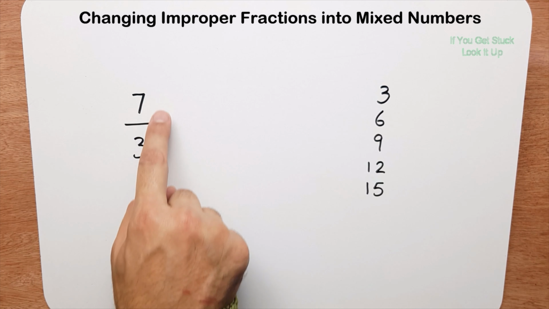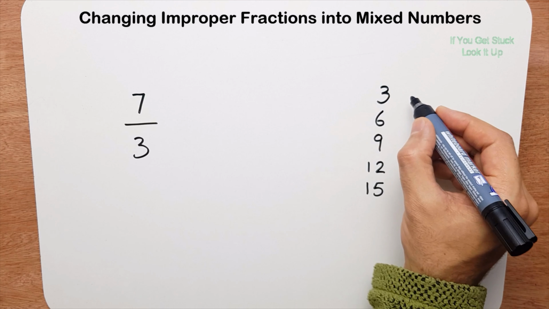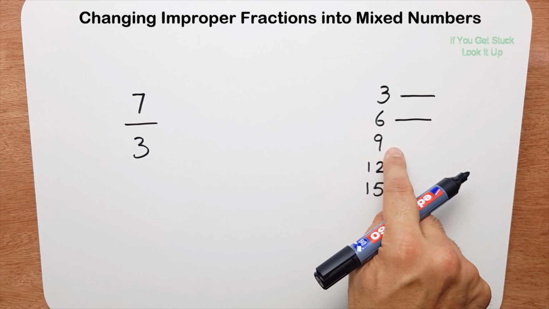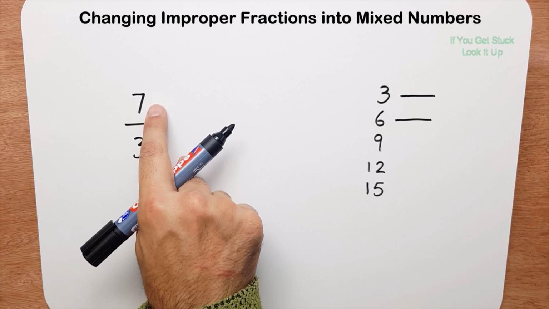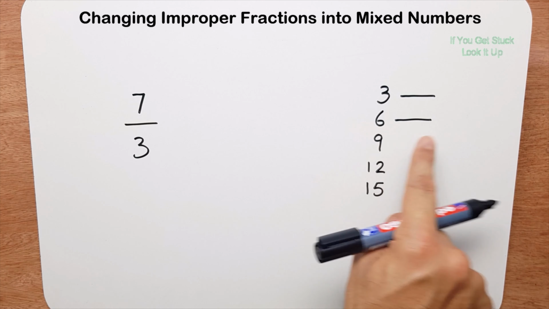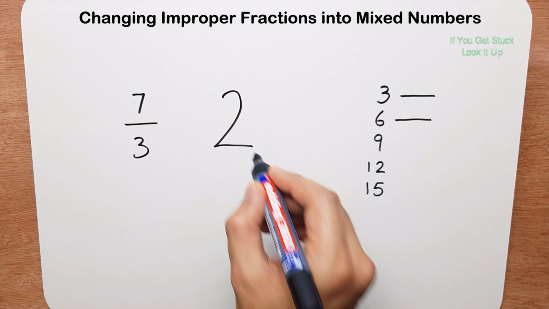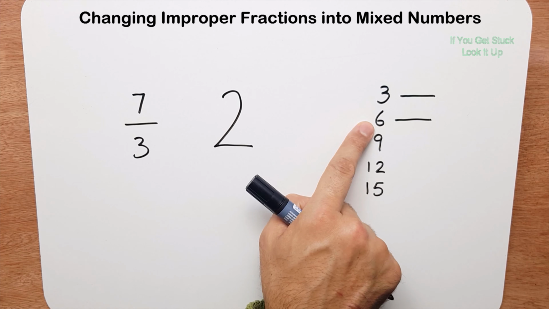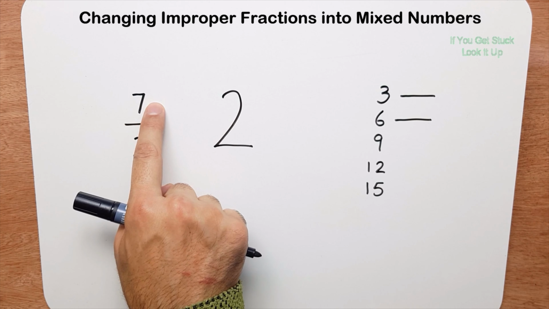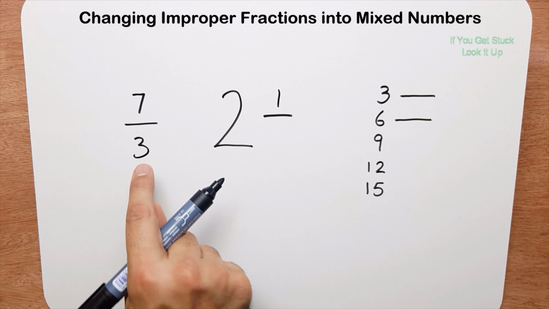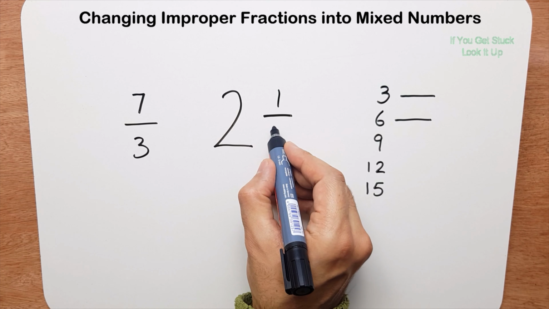Now I need to go only to 7. So 1, 2. If I go to 9, I've gone past 7, so I need to stop. So I've got 1, 2 groups. Now I've used 6 and I had 7, so I've got a remainder of 1. And this 3 goes at the bottom.